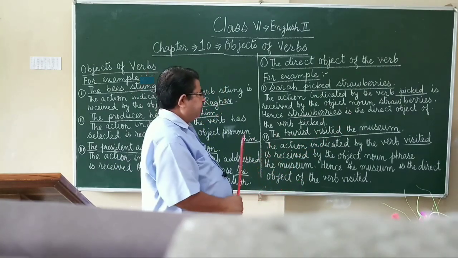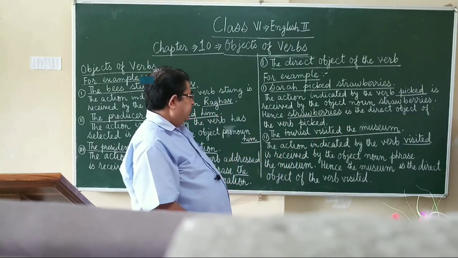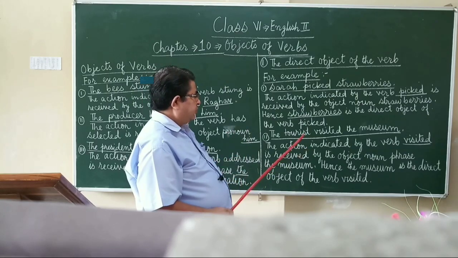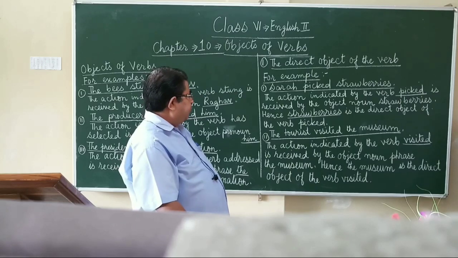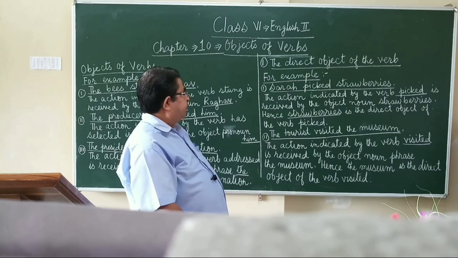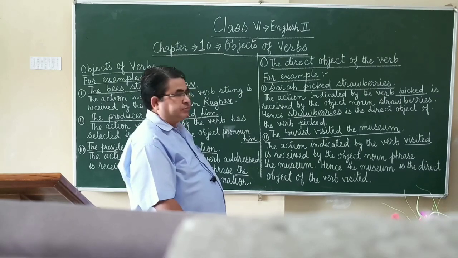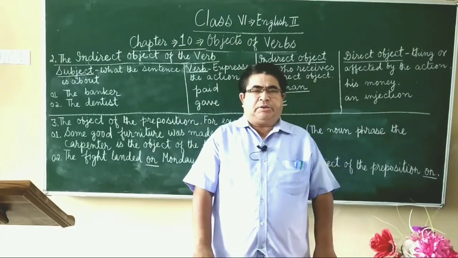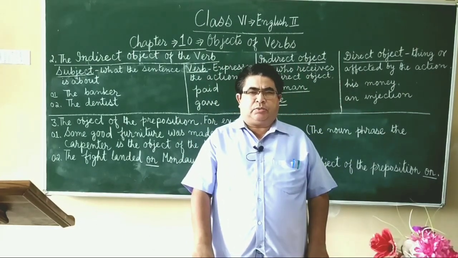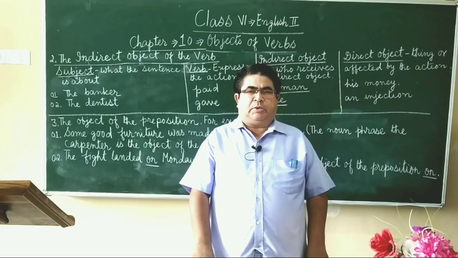The action indicated by the verb visited is received by the object noun phrase the museum. Hence, the museum is the direct object of the verb visited. Children, I think you have understood about the direct object of the verb.